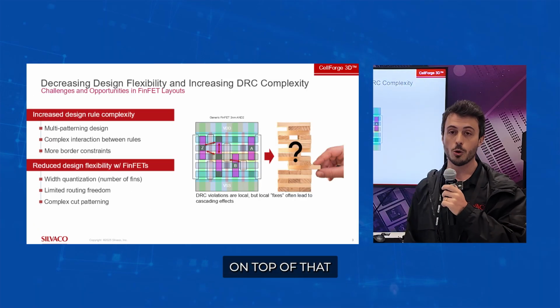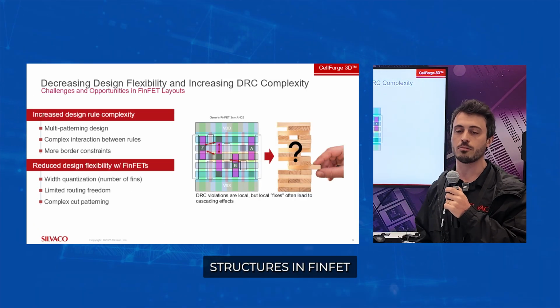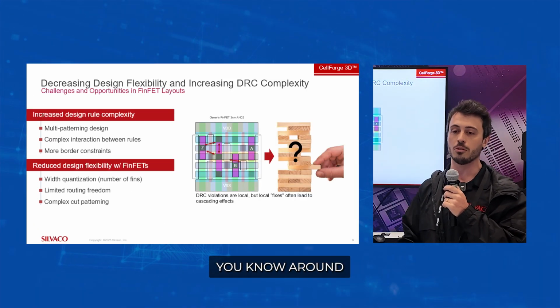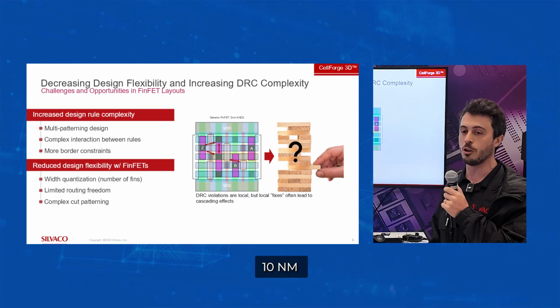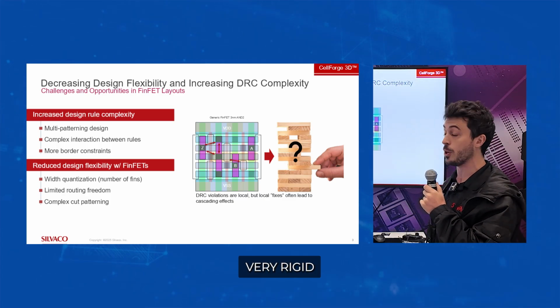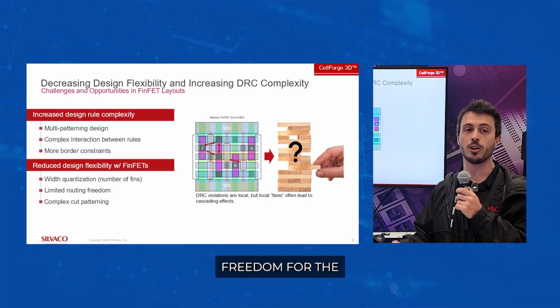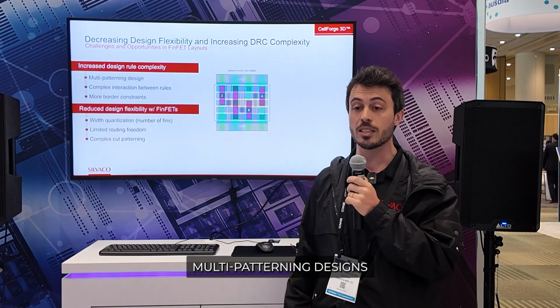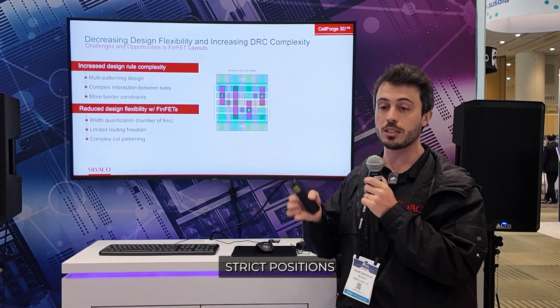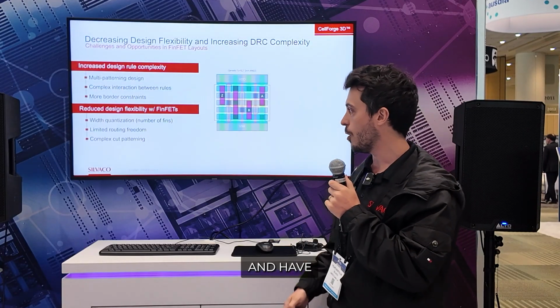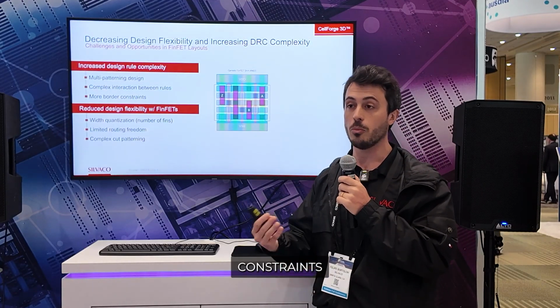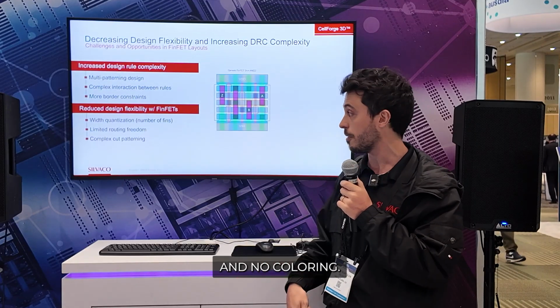On top of that, new advanced structures, especially FinFET and gate-all-around, especially those below 10 nanometers, have become very rigid structures with very little space and freedom for the layout design. Now we have multi-patterning designs with very strict positions where things can be placed and very complex constraints, both with coloring and no coloring.